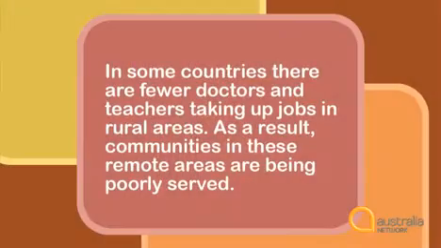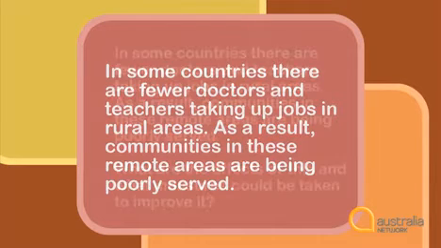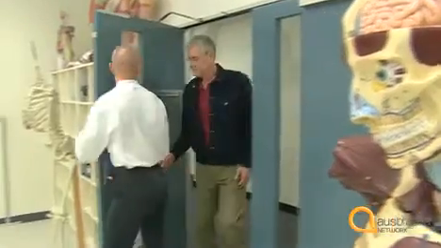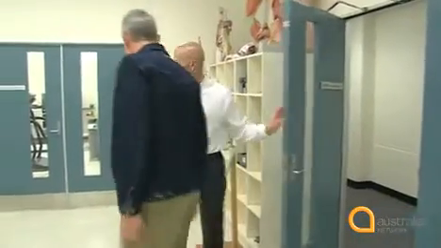Let's look at some more sample questions. In some countries, there are fewer doctors and teachers taking up jobs in rural areas. As a result, communities in these remote areas are being poorly served. What are the effects of this, and what measures could be taken to improve it? The main topic is teachers and doctors not working in remote areas.